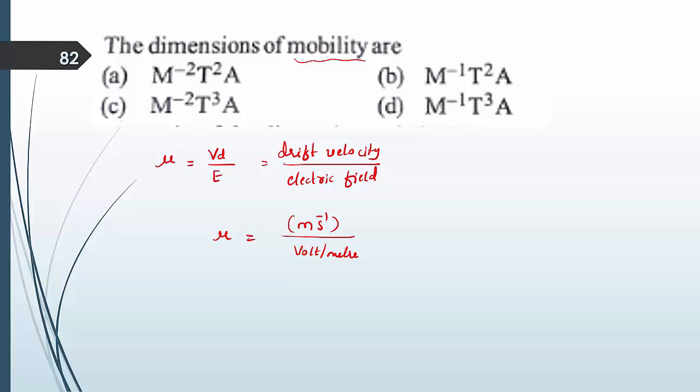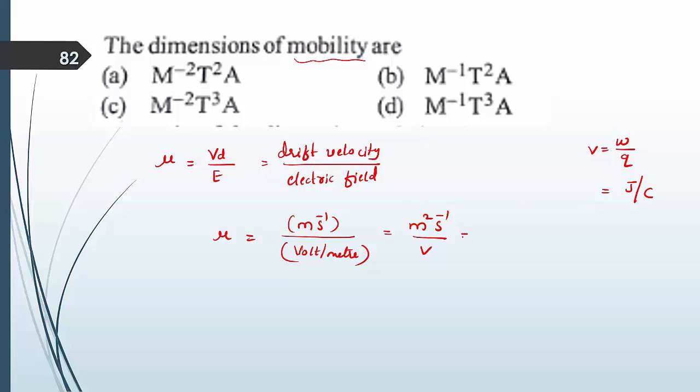Or it can be written as meter square per second per volt. Or in place of V, I can write V indicates voltage, potential difference. What is potential difference? Potential difference is the amount of work done in bringing a unit positive charge. That means its SI unit will be joule per coulomb.